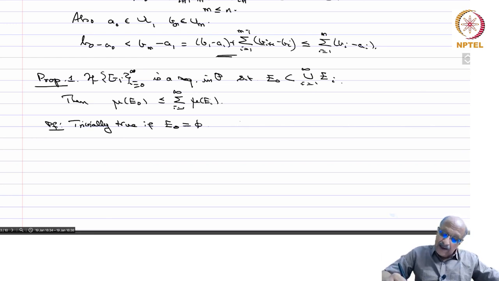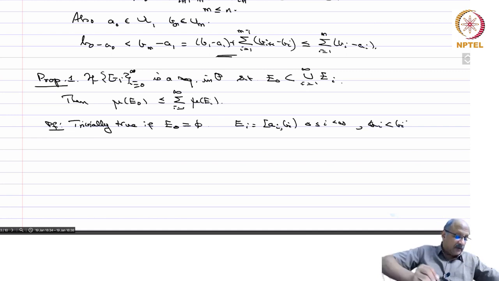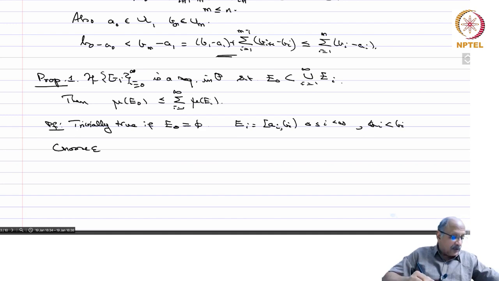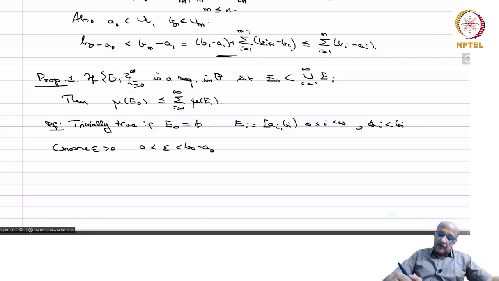So let us take E_i equals (a_i, b_i], 0 less than or equal to i less than infinity, and then a_i strictly less than b_i. So all the intervals are non-trivial, and you choose epsilon positive such that 0 is less than epsilon less than b_0 minus a_0, because (a_0, b_0] is now a non-trivial interval, and therefore b_0 minus a_0 is strictly positive by this condition here, and therefore you can choose an epsilon like this.